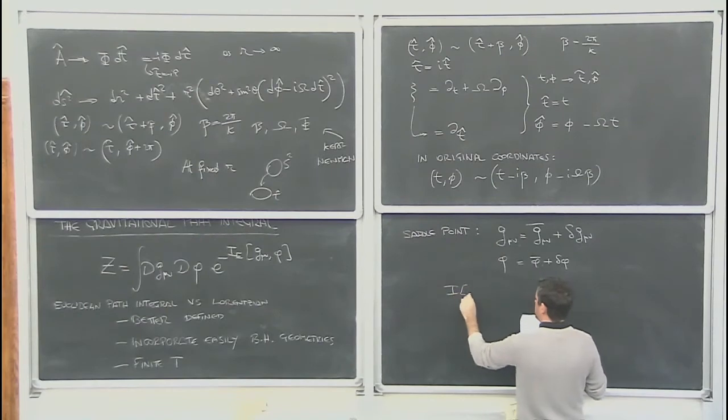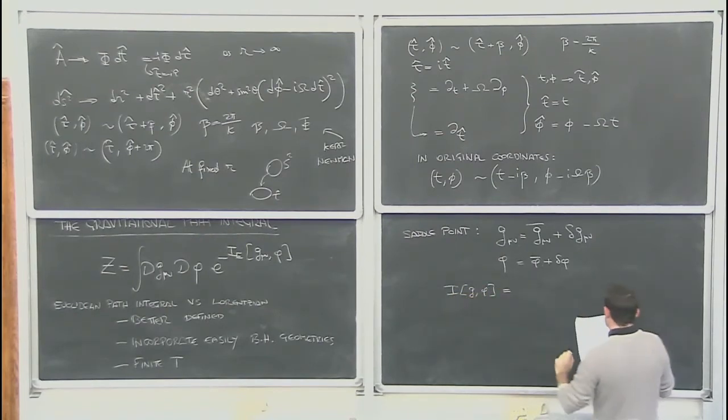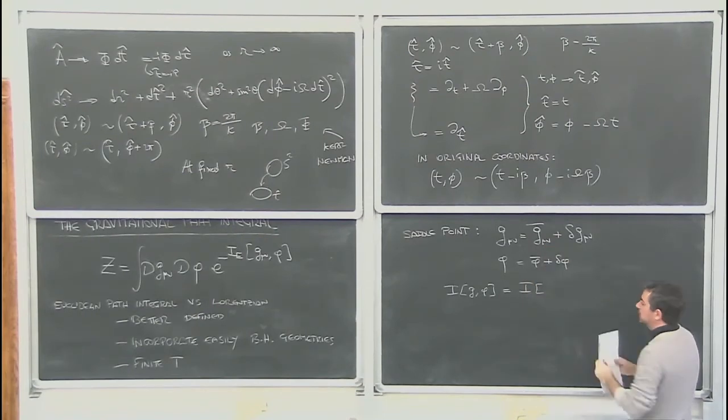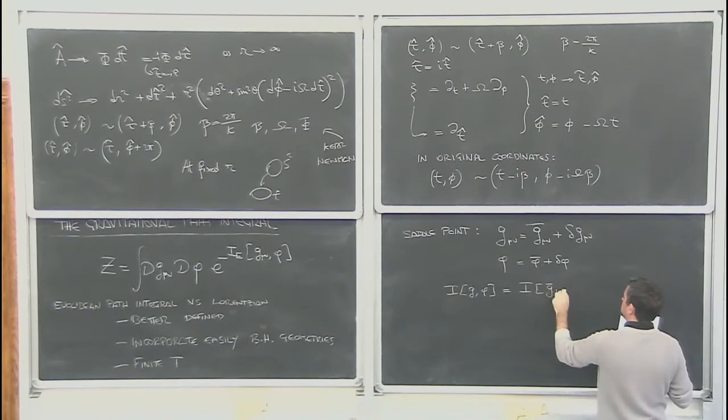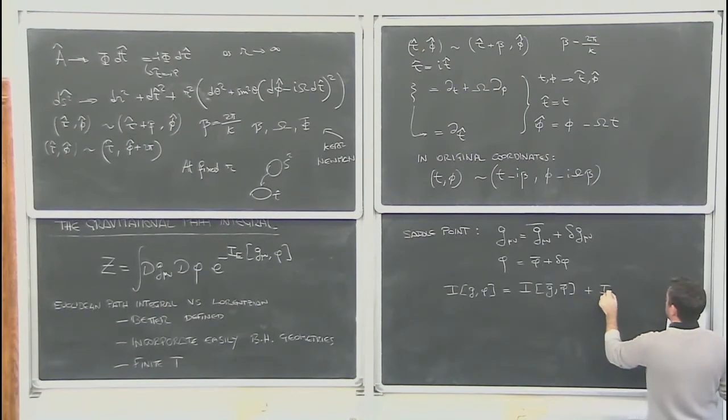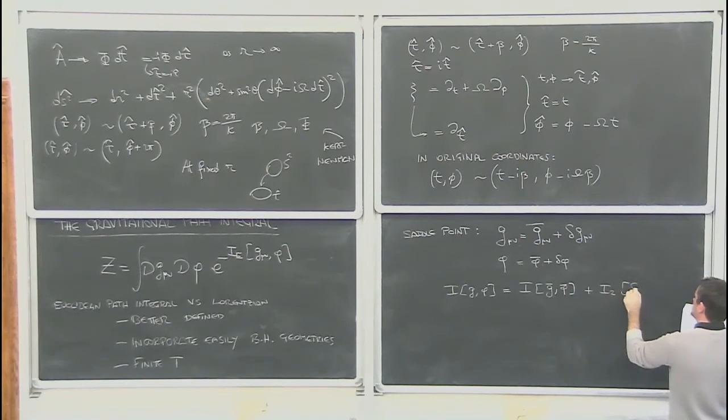I mean, this is really the most trivial thing, just basic semi-classical approximation. The only thing is that this contains also the metric. So we have the classical piece, the order 0 piece, plus some piece that is quadratic in the fluctuations. So it contains delta G, delta phi, and is quadratic in this.